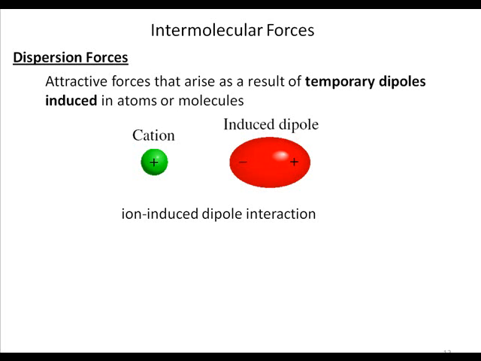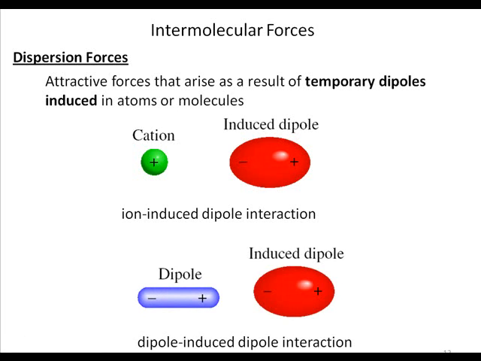Therefore, you have an unequal distribution created by the cation. This is called an induced dipole because the cation is creating or inducing a polarity in the nearby molecule. And there's going to be an attraction there. The cation becomes momentarily attracted to the negative pole of the molecule.